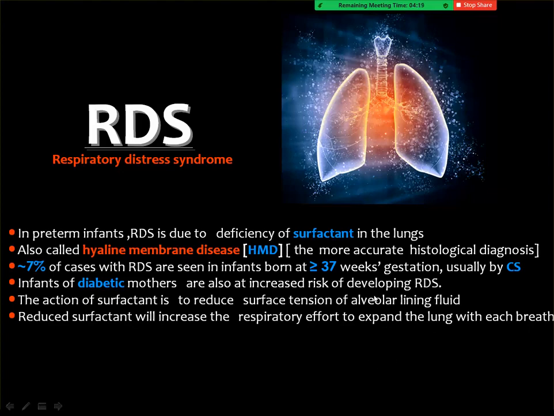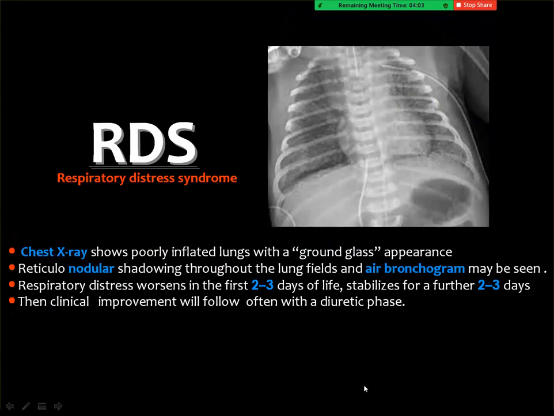They are at risk to develop this particular disease, and there is deficiency of surfactant, and this will lead to collapse of the alveoli and increase the respiratory effort, as I explained in the literature. In the X-ray, you can see poor inflation of the lung with diffuse ground glass appearance.